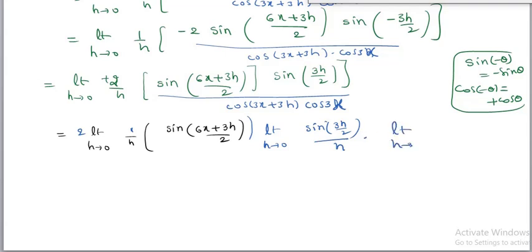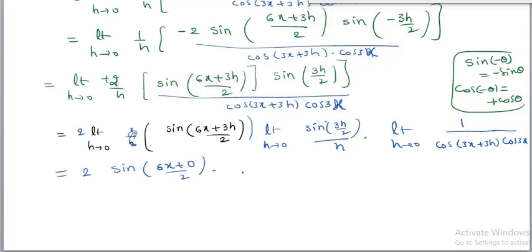Limit h tends to 0, 1/[cos(3x+3h) cos 3x]. Not 1 by h, it's not coming. So sin((6x+0)/2). This is the value 3 by 2, sin ax by x, a. 1/[cos(3x+0) cos 3x].